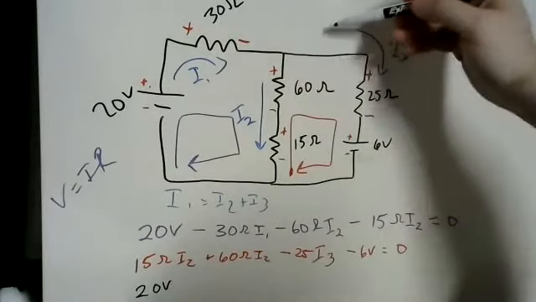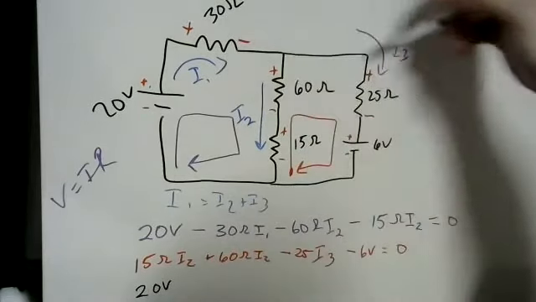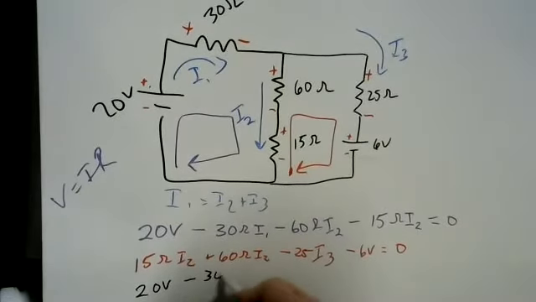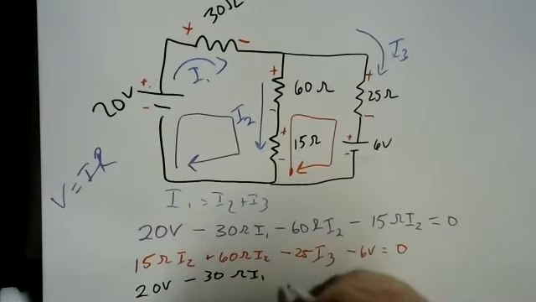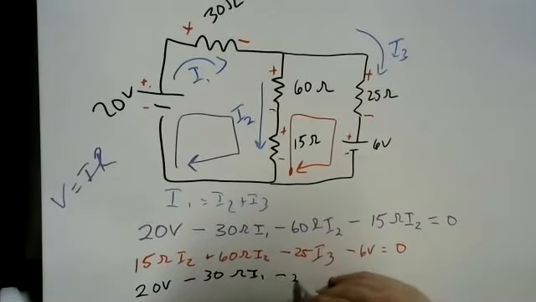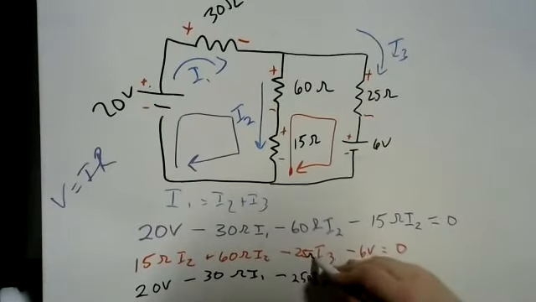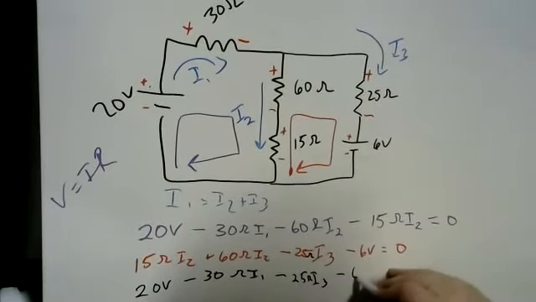And then we go positive to negative on everything else. So minus 30 ohms I1, minus 25 ohms I3. There should be an ohms here. And minus 6 volts. That equals 0.